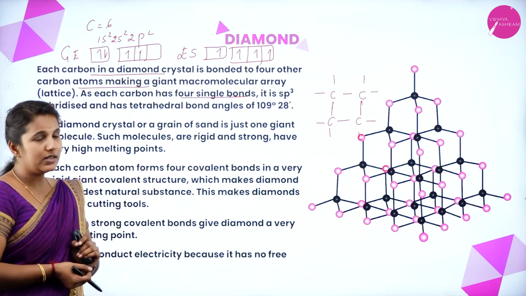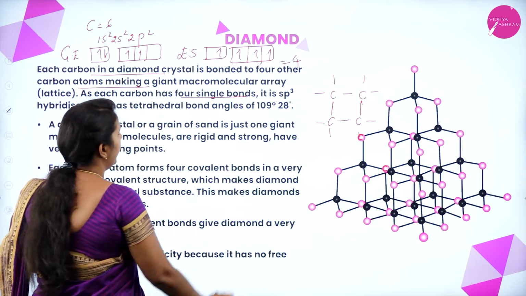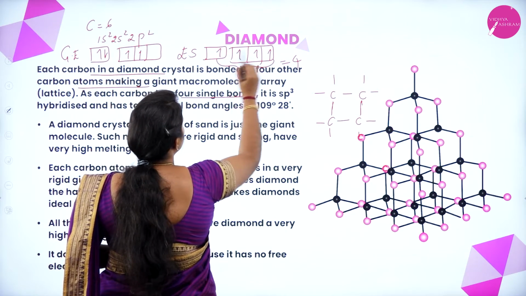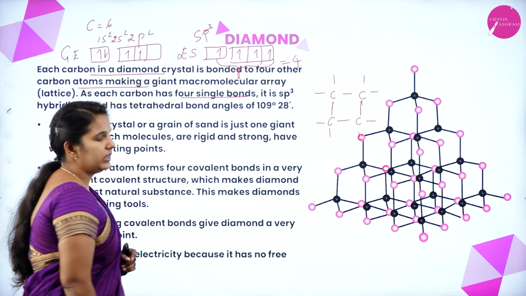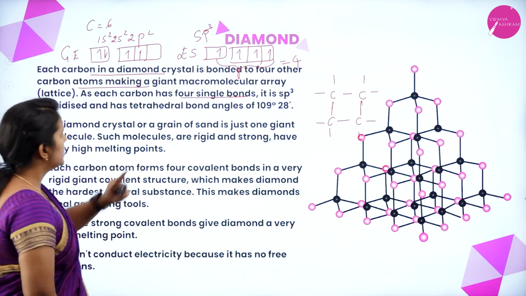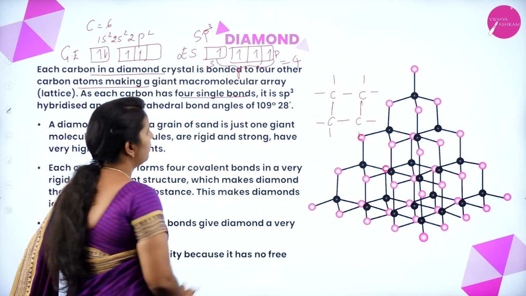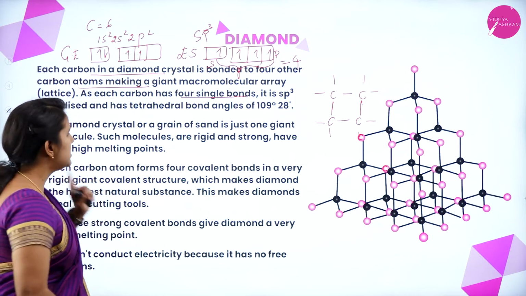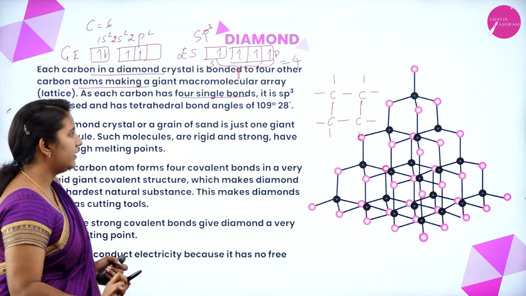You can clearly understand that 4 electrons become unpaired. So it shares all its 4 electrons and thereby forms an sp3 hybridized structure. So this is an s orbital and this is a p orbital. Thereby, it forms what? An sp3 hybridized carbon atom, and it is also tetrahedral in shape.